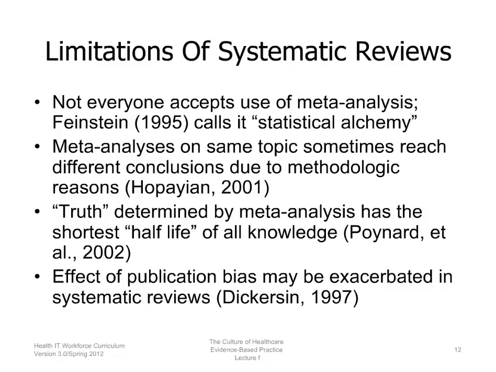One study also looked at the so-called half-life of knowledge, or how quickly knowledge became overturned. The domain of liver disease and meta-analysis actually had the shortest half-life, so when something was found to be the truth by meta-analysis, that truth lasted a shorter period of time than something discovered in a randomized controlled trial.